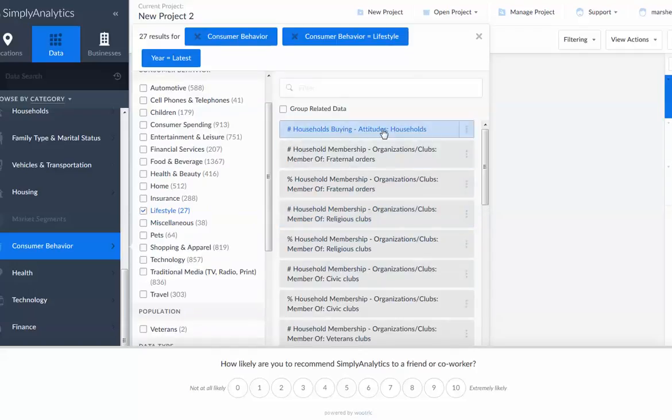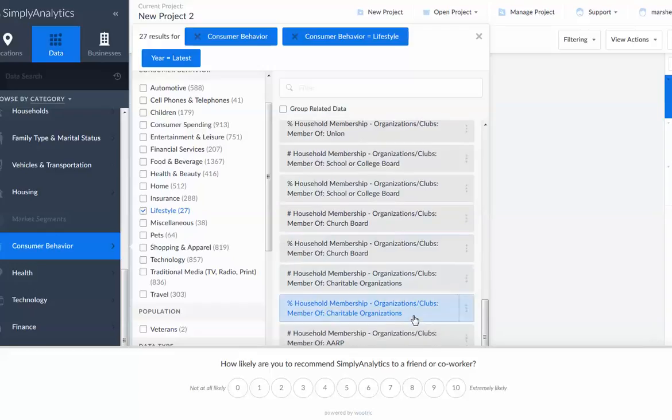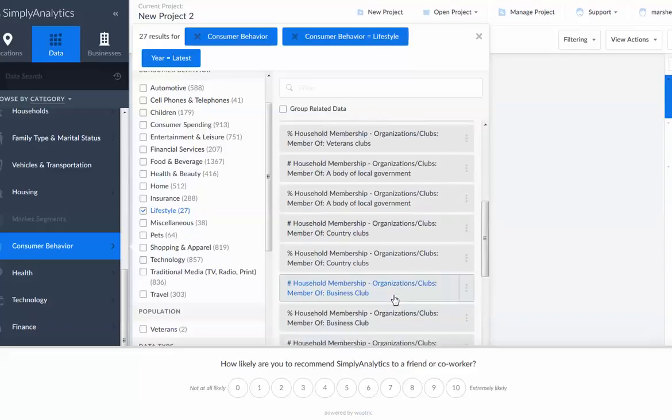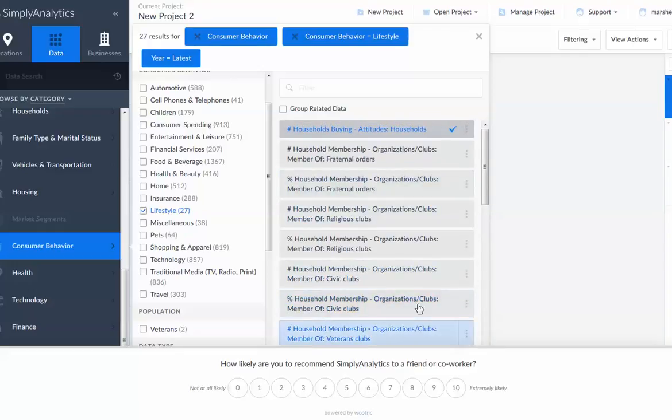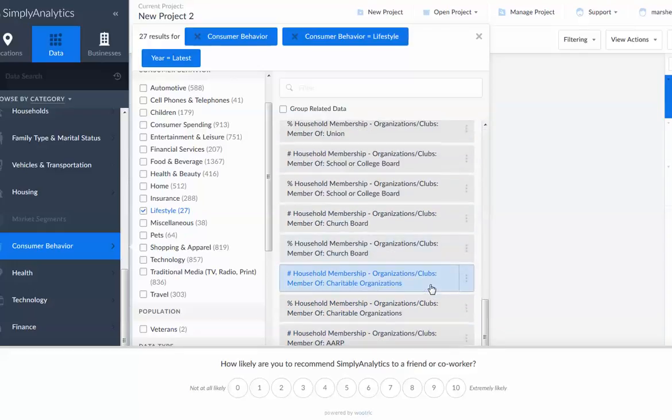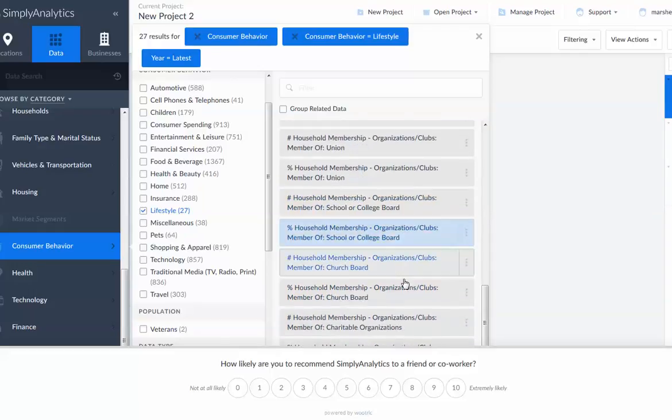Okay, so household buying attitudes, perhaps? Are they members of civic clubs? Are they members of unions? Are they members of AARP? If I am targeting people who are joiners, or again, school board, right?